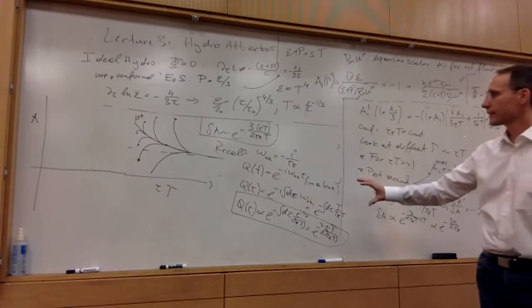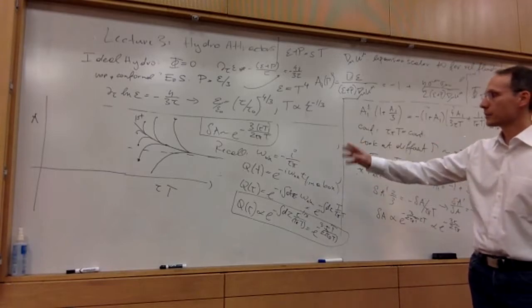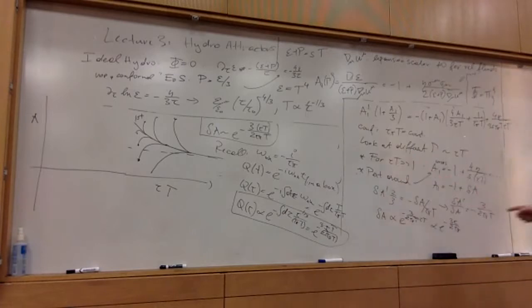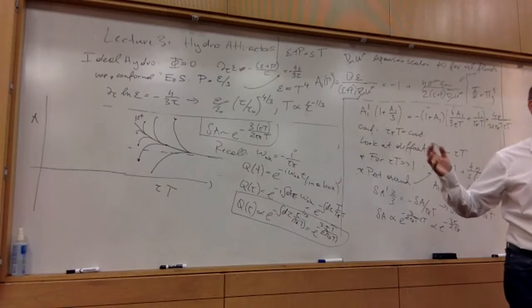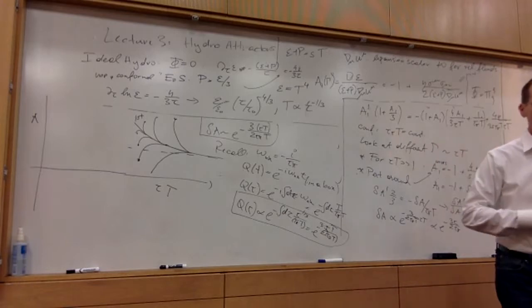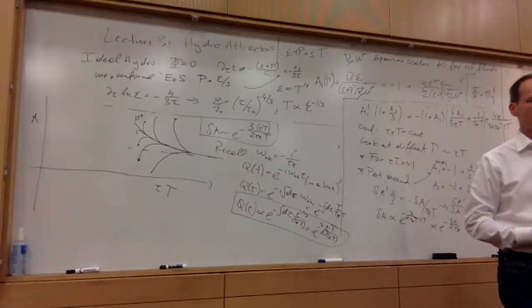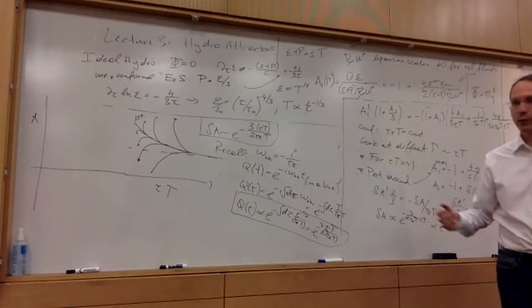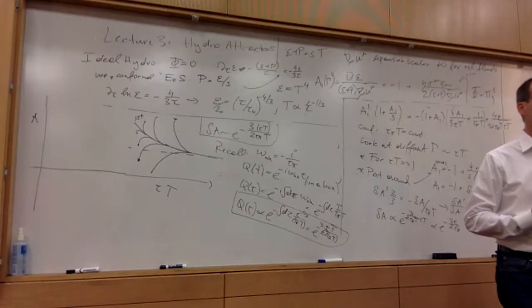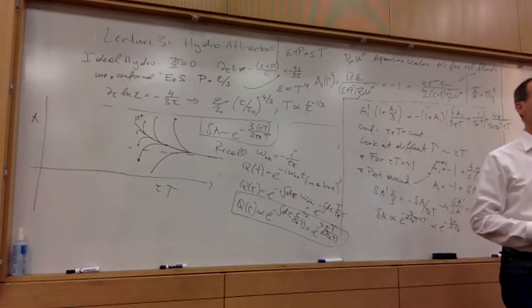In this case, while I would argue that there is some generic nature to it, I agree that the mock microscopic theory that I've written down and conveniently erased is not very deep. However, you can do exactly the same program, and I will show you some of this, for a much more complicated system, which is the same Bjorken flow, but for N=4 super Yang-Mills at infinite coupling, where the approach to the attractor is oscillatory.